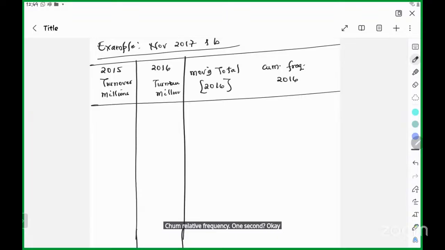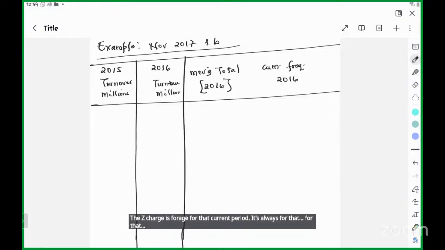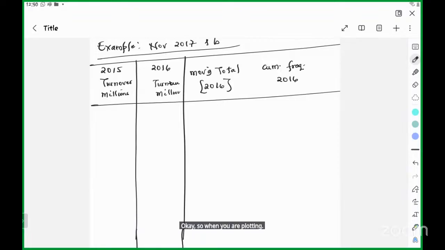The Z chart is always for the current period. It's always for the most current. So when you are plotting, it's original data of 2016, moving totals of 2016, and cumulative values of 2016.